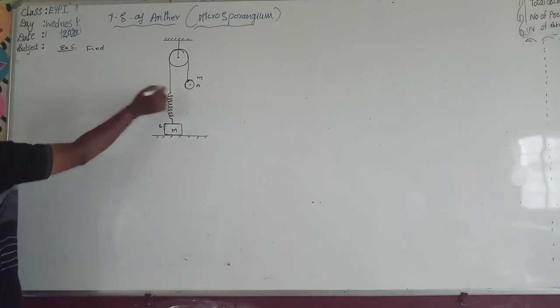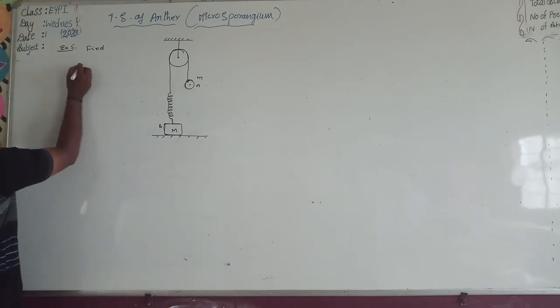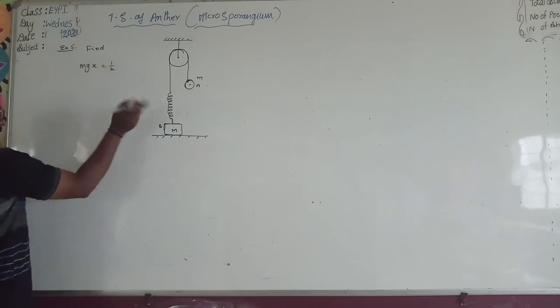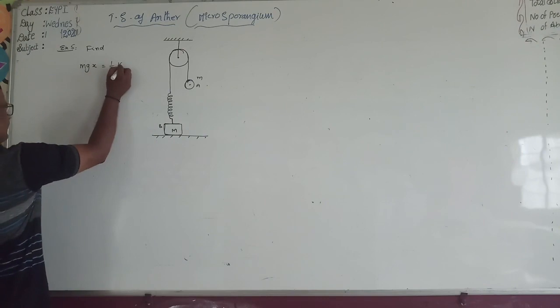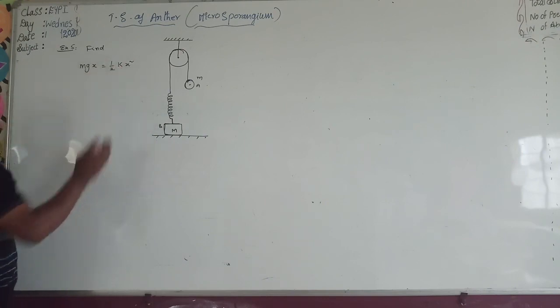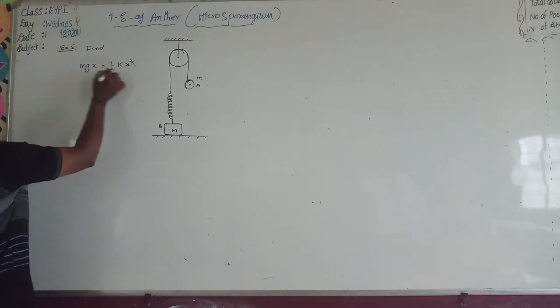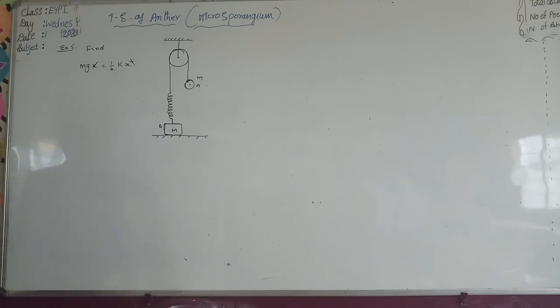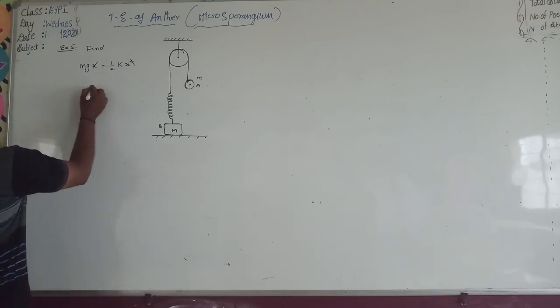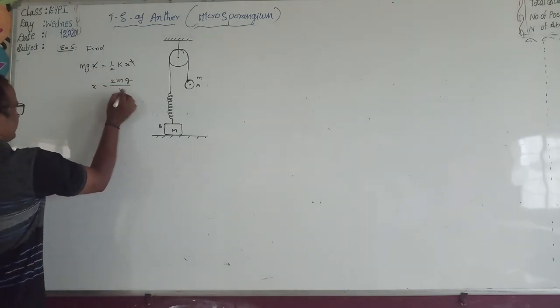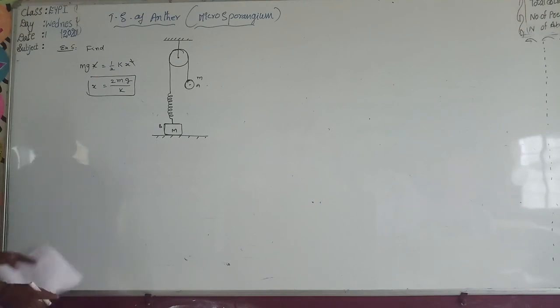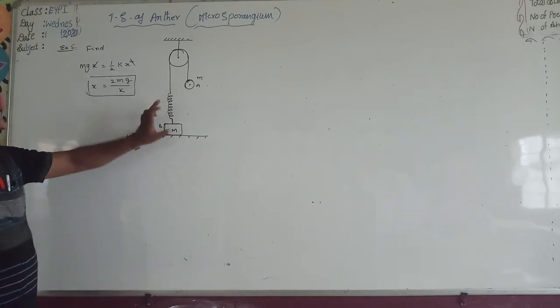That is, mgx should be equal to the potential energy stored inside the string, which is half kx square, where k is the string constant. Both sides x and x are cancelled. So from this relation, the value of x can be written as x equal to 2mg by k. This is the maximum elongation developed in the string.